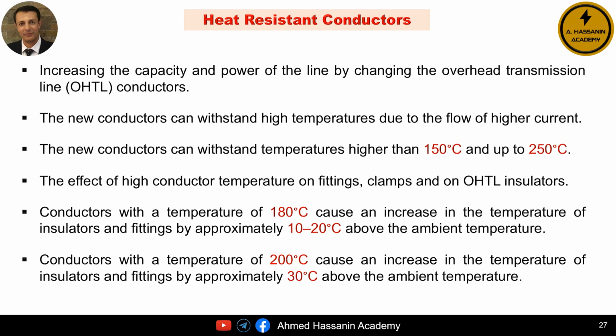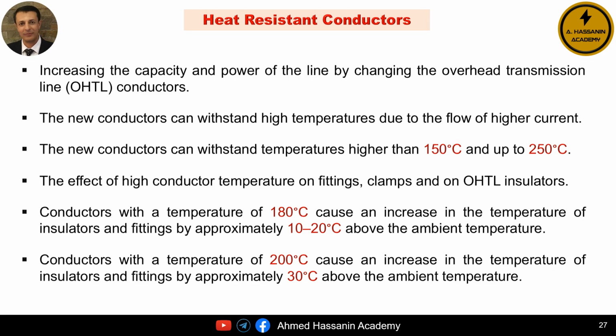Based on numerous experiments and research studies, the following observations have been made. When the conductor temperature reaches 180 degrees Celsius, the temperature of the porcelain insulator and its fittings increases by approximately 10 degrees Celsius to 20 degrees Celsius above the ambient temperature.